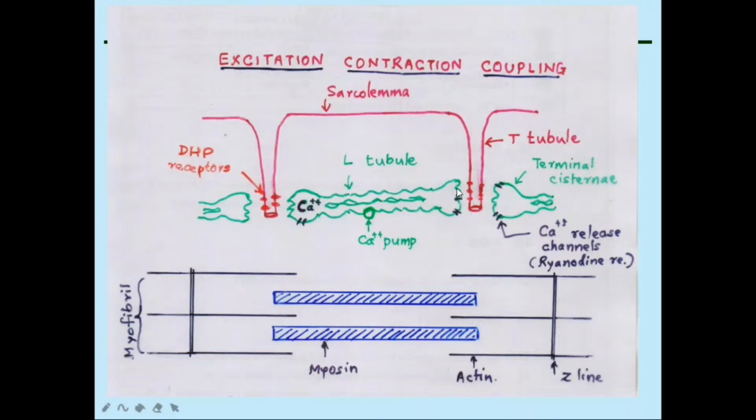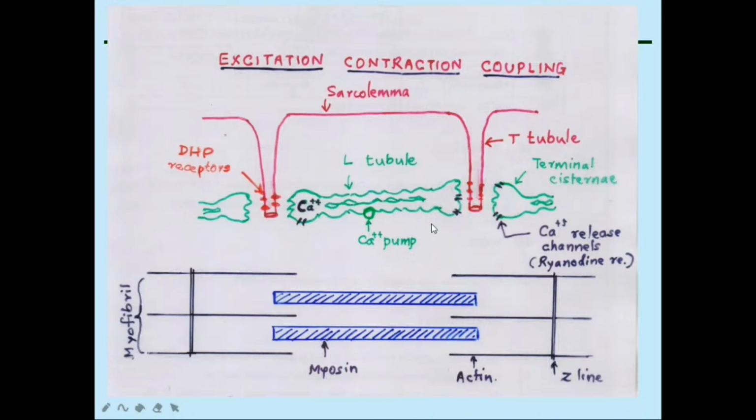In the wall of these terminal cisternae are the ryanodine receptors, which are nothing but the calcium release channels present in the terminal cisternae. In addition, the wall of the L tubules also contains the calcium pump.